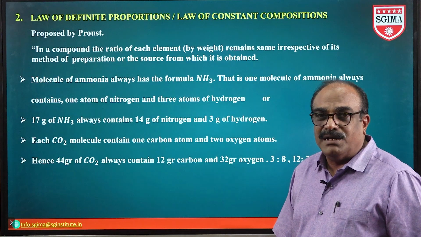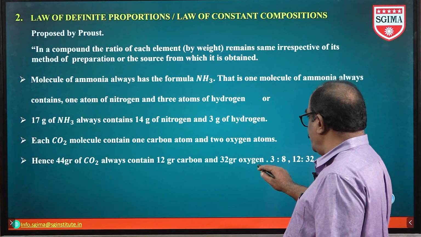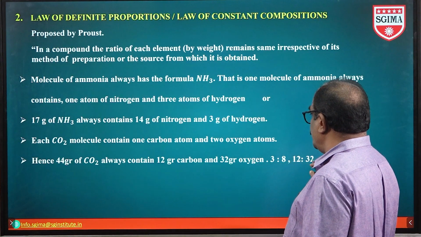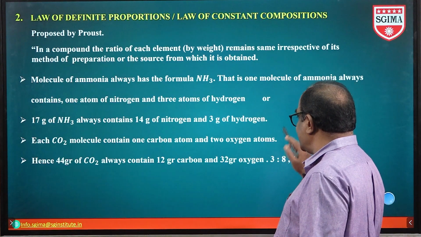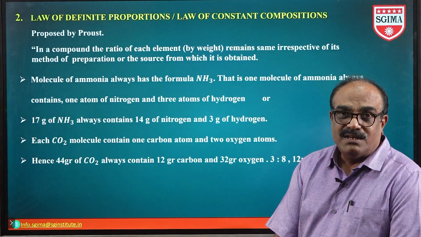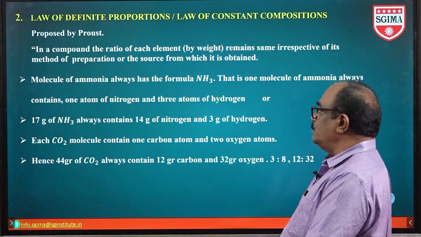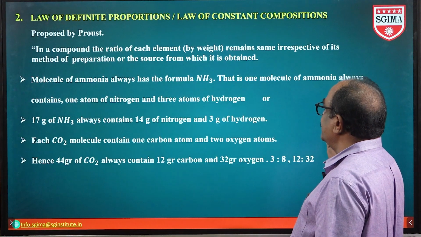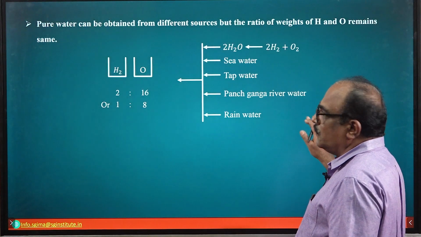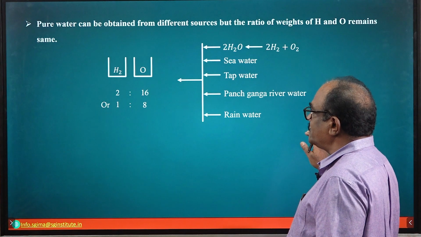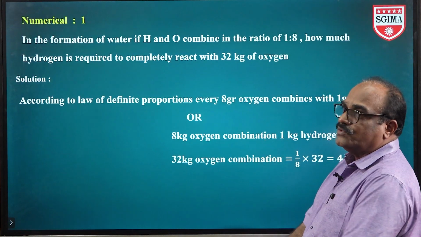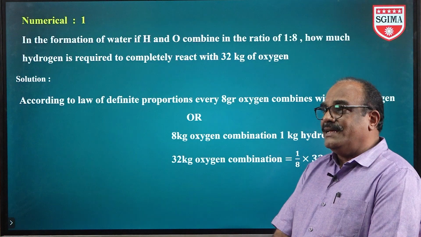That means they are combining in a 3:8 ratio. If I take it as 12:32, a simple ratio is 3:8. With 2 examples, one is ammonia, another is carbon dioxide. The other example we have taken is water, in which hydrogen and oxygen combine in a 1:8 ratio, as we discussed.